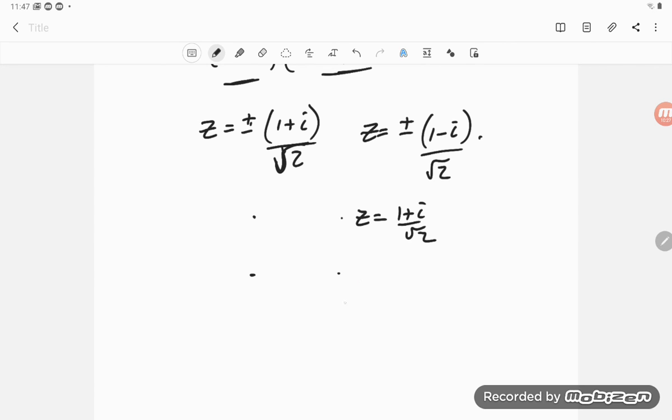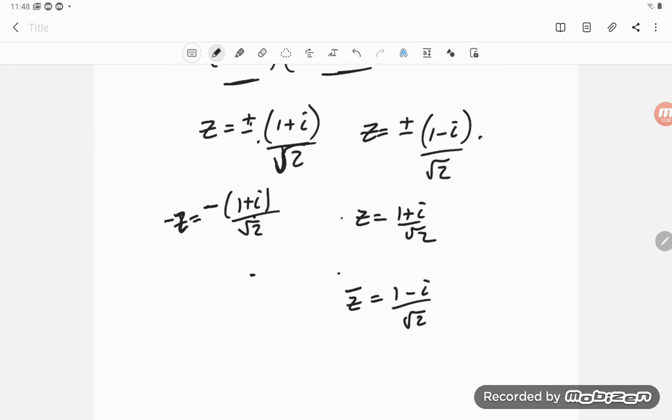Then from over here, z conjugate is equal to 1 minus i over the square root of 2. Negative z is equal up here to minus 1 plus i over the square root of 2.